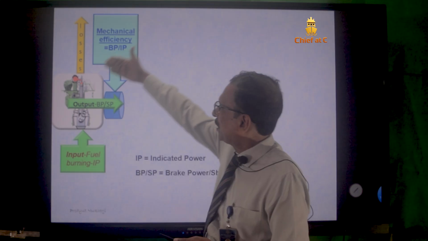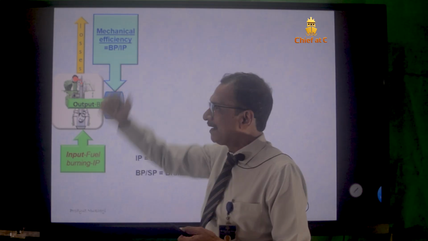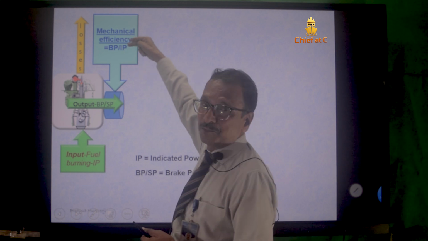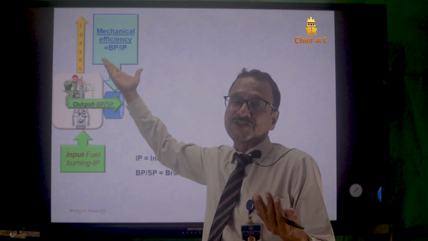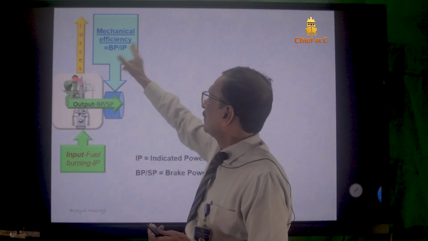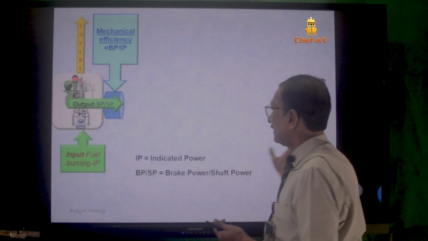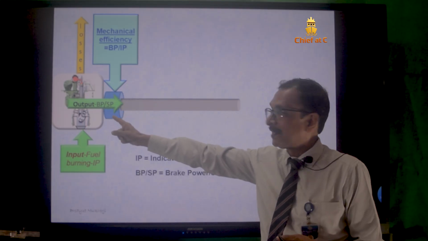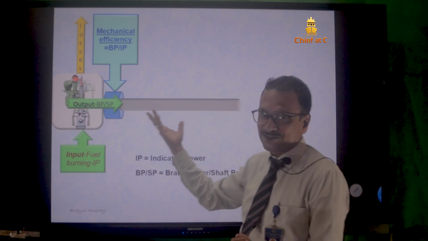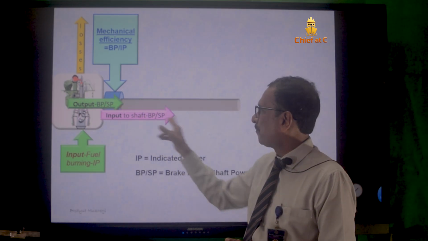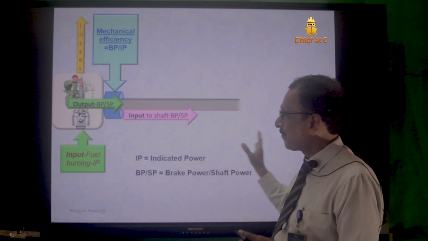Okay, before we go to that, let us see the mechanical efficiency of the main engine. Output by input. We just saw that the efficiency of any machine is output divided by input. So brake power by indicated power. The next machine in line is the propeller shaft. The input to the propeller shaft is nothing but the output from the main engine. So input to the propeller shaft is brake power or shaft power.